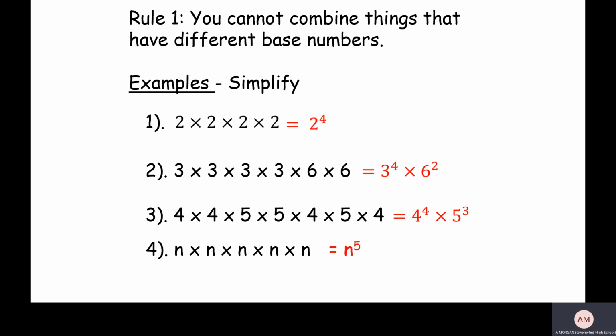If we had 3 times 3 times 3 times 3 times 6 times 6, we would have to simplify that to 3 to the power of 4 times 6 to the power of 2, because we cannot combine things that have different base numbers. We have to keep the 3's and the 6's separate from each other. You might think, well, 3 times 6 is 18.